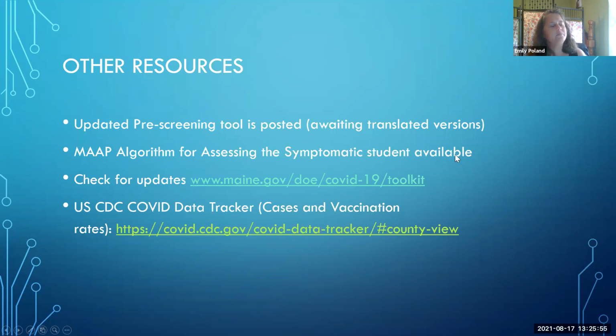I have the link in the email that I'll send as a follow-up to this meeting today. It's also available on the toolkit, right in the same section as the pre-screening tool of the Maine DOE COVID-19 toolkit. You can also access it through the Maine chapter of the American Academy of Pediatrics website as well.